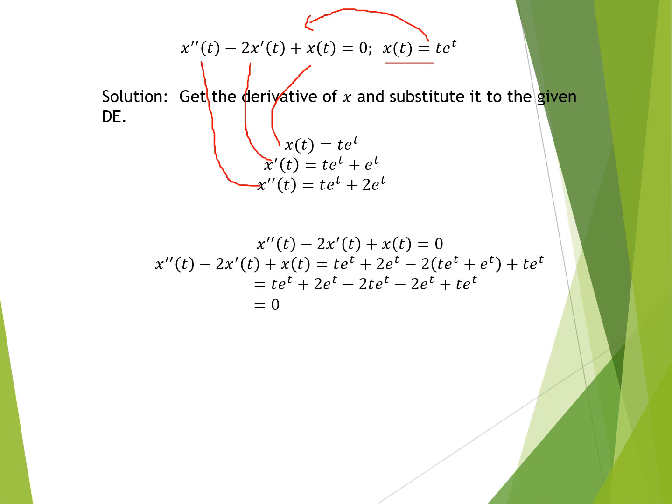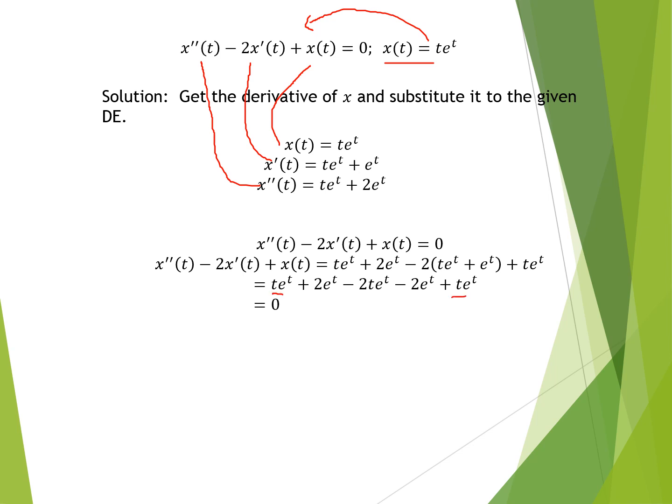So, that is t e to the t plus 2 e to the t, minus 2 times t e to the t plus e to the t, this is the first derivative, plus the original function t e to the t. It simplifies to t e to the t plus 2 e to the t minus 2 t e to the t minus 2 e to the t plus t e to the t.